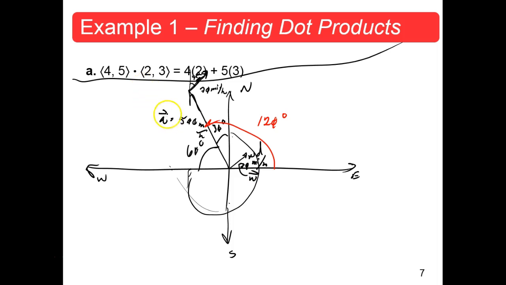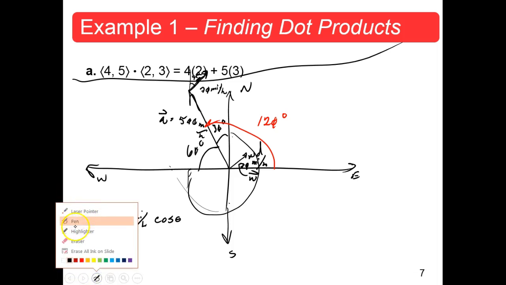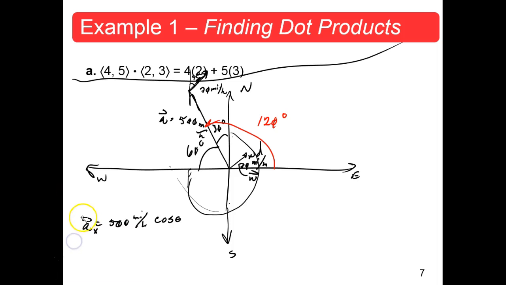So the airplane vector is going to be its magnitude, which is 500 miles per hour, times the x component, which is times cosine theta. So this is the airplane vector x component.